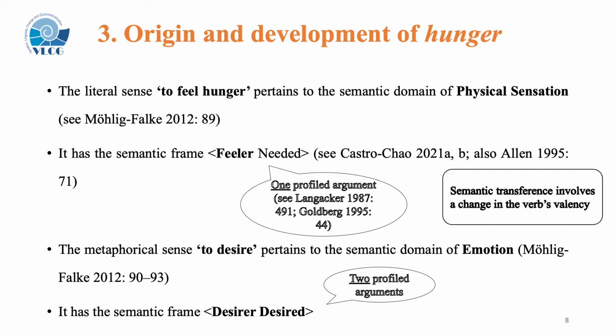In the sense to desire, however, hunger belongs to the semantic domain of emotion and has the semantic frame desire, desired, where 2 arguments are lexically profiled. As may be observed, the semantic transference involves a change in the verb's valency from 1 argument to 2 arguments.